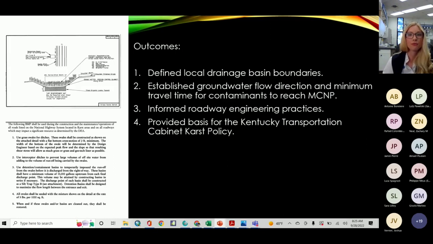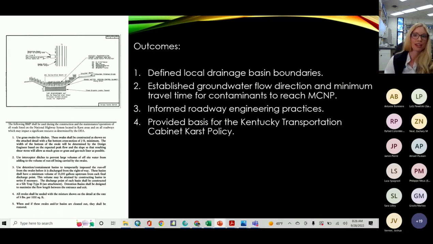So in terms of outcomes, we were successful in defining local drainage basin boundaries. We also established groundwater flow direction and minimum travel time for contaminants released along these transportation corridors to reach the cave assets at Mammoth Cave National Park.